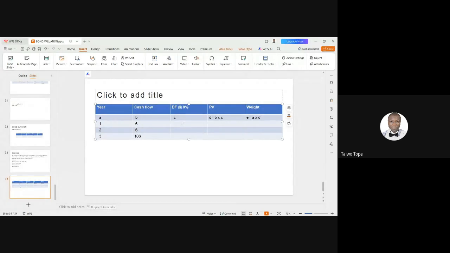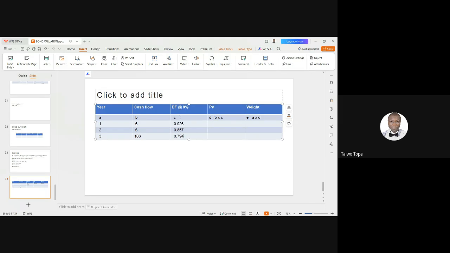For year 1, using 8%, 1 plus 0.08 to the power of minus 1 will give us 0.926. For year 2, 1 plus 0.08 to the power of minus 2 gives 0.857. And for year 3, it will be 0.794.